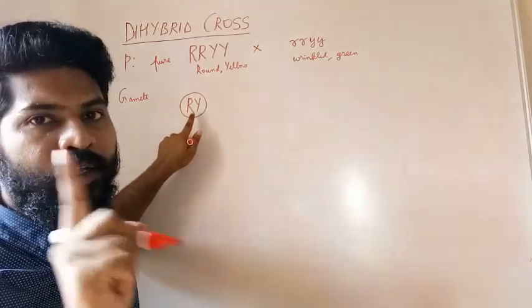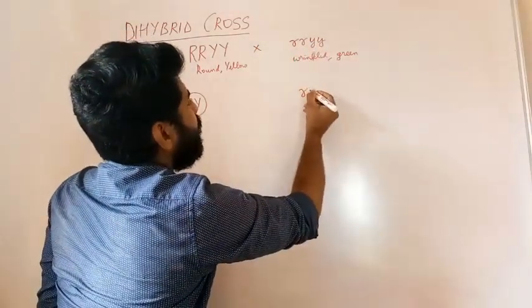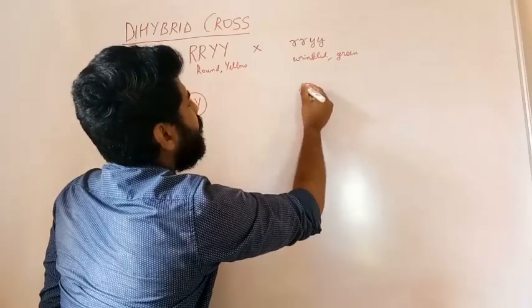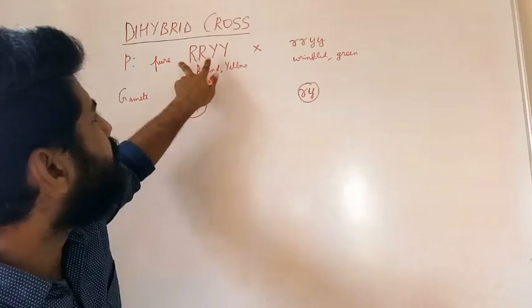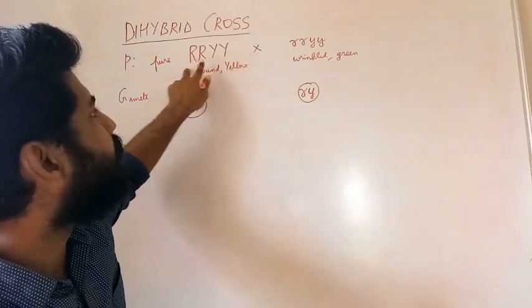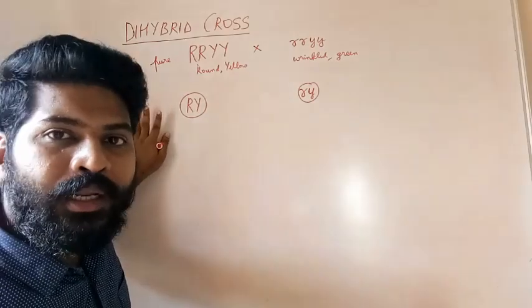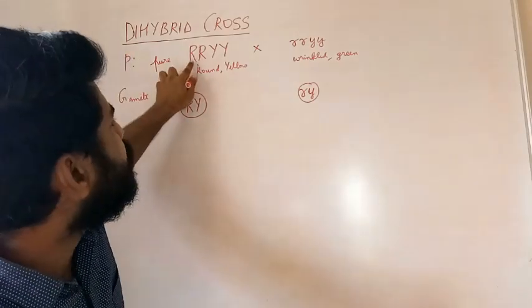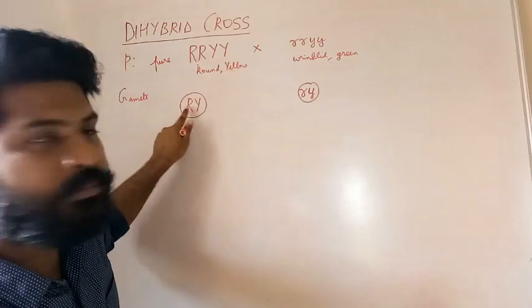I am only representing one gamete. In this case, the gamete will contain wrinkled and green. This is a diploid set. It contains the full set of chromosomes. Gametes are haploid. They will contain half the number of chromosomes, so half from this and half from this.